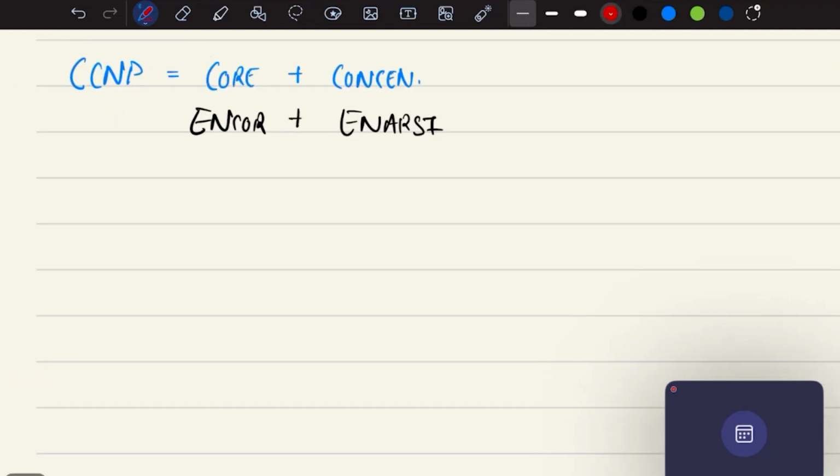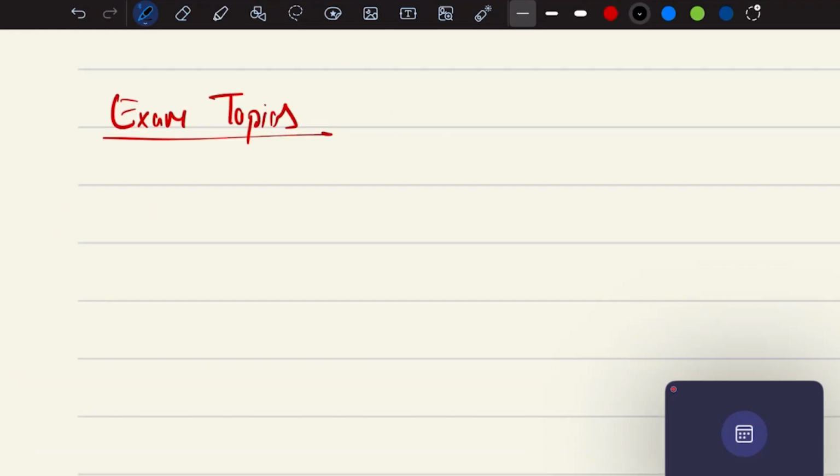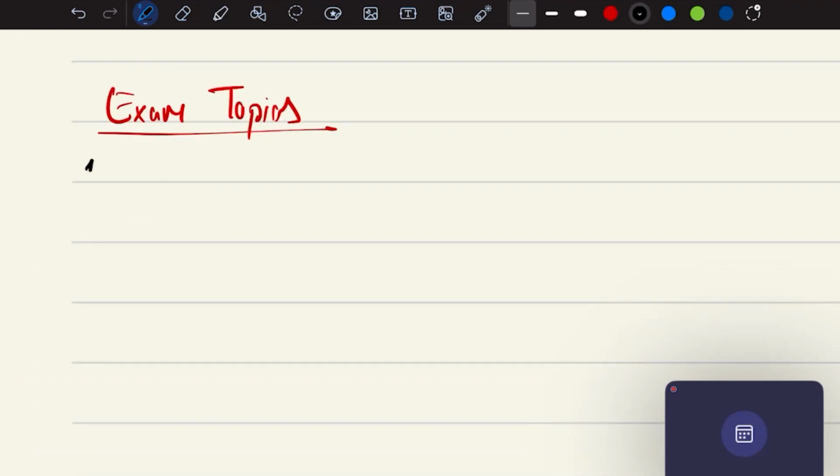So we'll be talking about the exam topics. And when we talk about these topics, the very first thing that comes up is architecture, which carries the weightage of 15%.